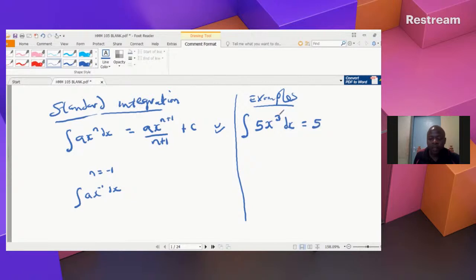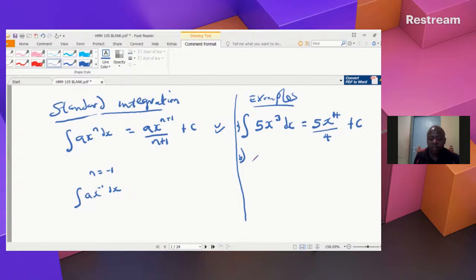For x raised to 3, we add 1 to 3 and get x raised to 4, then divide by this new power 4, and add the constant of integration.